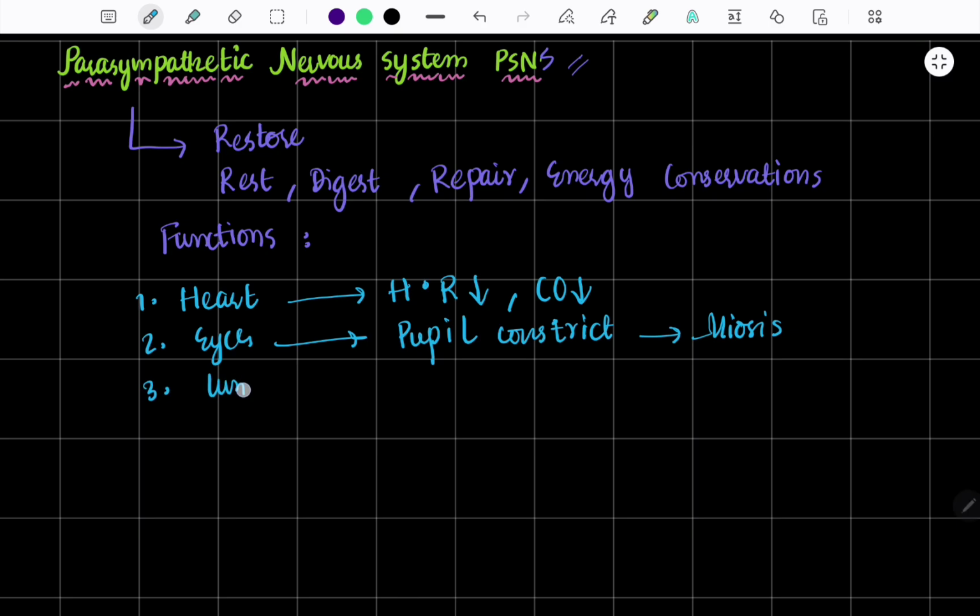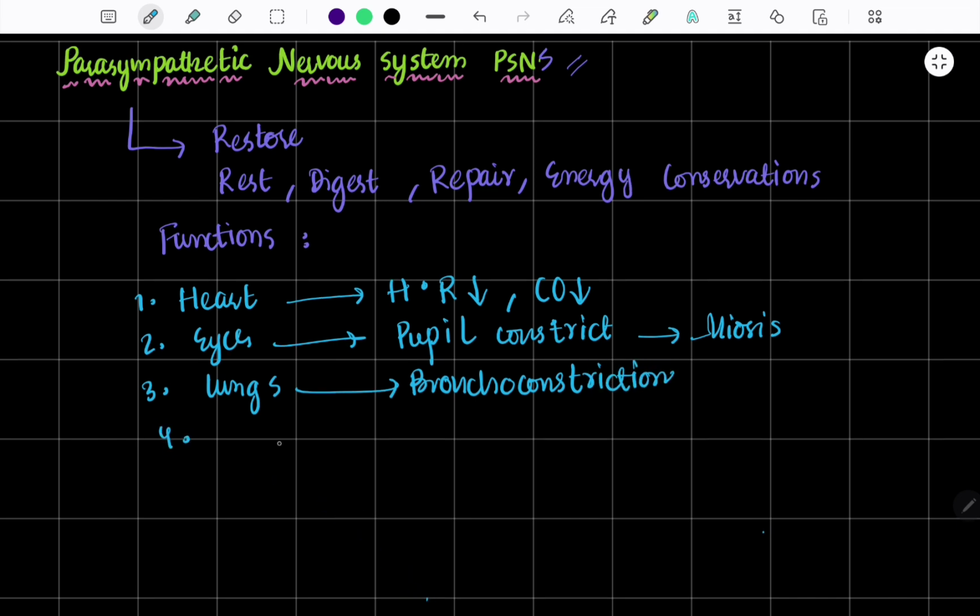Third, when we talk about lungs, there is bronchoconstriction, right? Fourth, when we talk about the bladder, there is more urination. Remember that in the previous situation there was more storage of urine but not urination. In this system there is more urination.